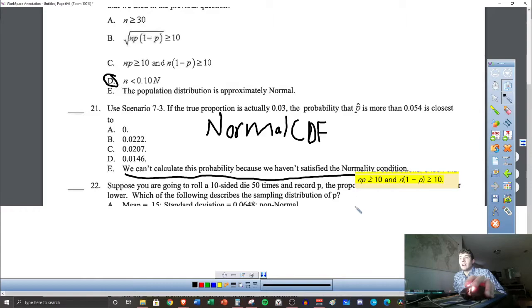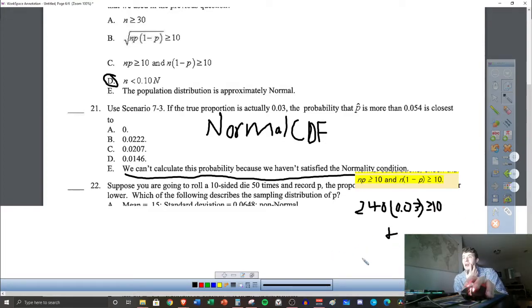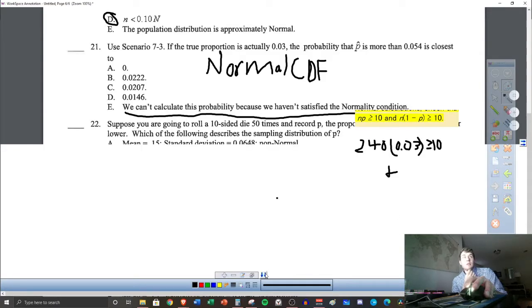So we look at our sample, so it's 240 times the probability, 0.03, greater than or equal to 10, and 240 times 1 minus 0.03 greater than or equal to 10.